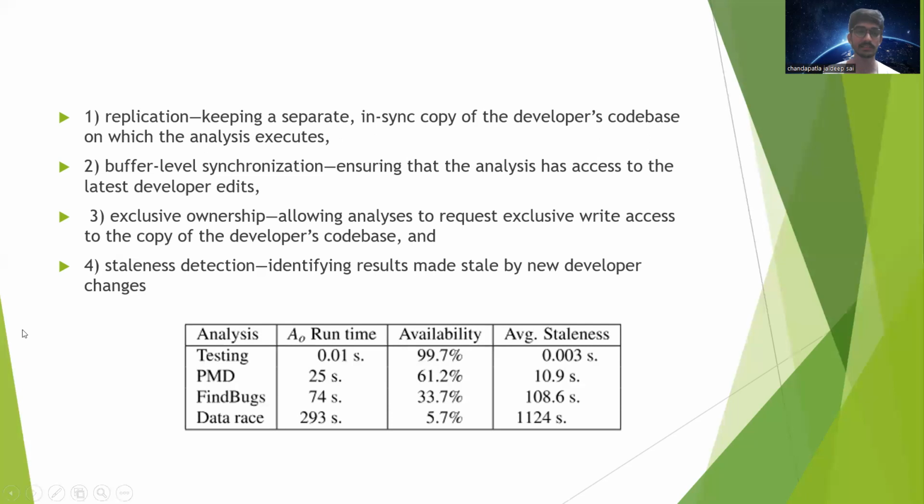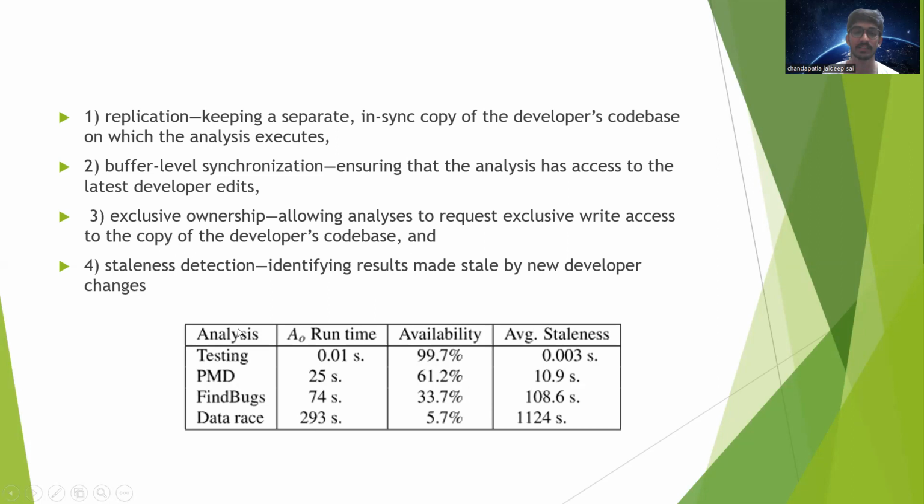Staleness detection identifies results made stale by new developer changes. For PMD, the runtime is 25 seconds, availability is 61.2%, and average staleness is 10.9 seconds.